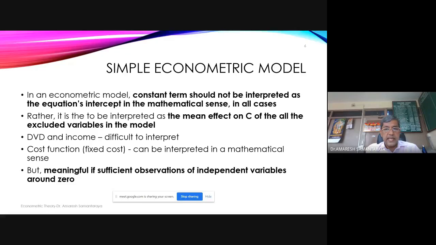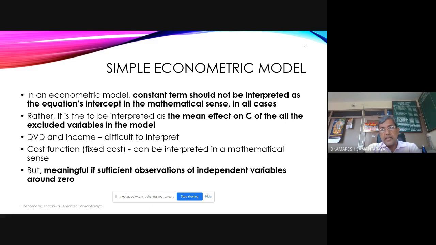Now, a couple of things I need to tell about the intercept. The way you learned in mathematics when you were learning about the consumption function, we interpreted there that the intercept is the subsistence level of consumption. And if you are estimating total cost as a function of quantity, maybe your intercept represents the fixed cost.